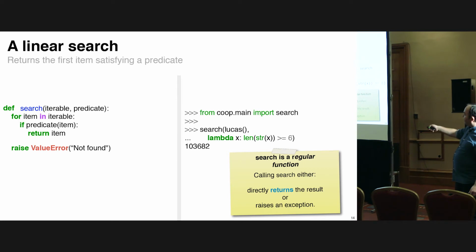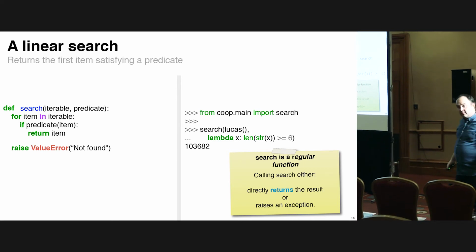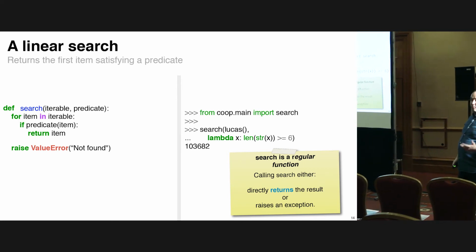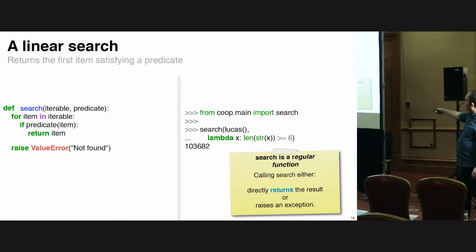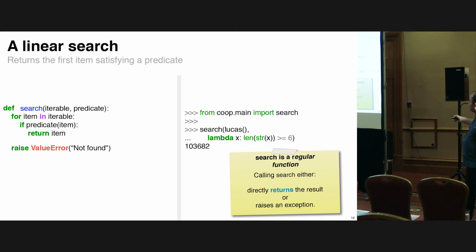If we get to the end of the iterable series without having found a matching item, we raise a value error. Very simple. So here I'm using my search function on the Lucas sequence, which of course is infinite, to find the first Lucas number with more than 6 digits, which is 103682.